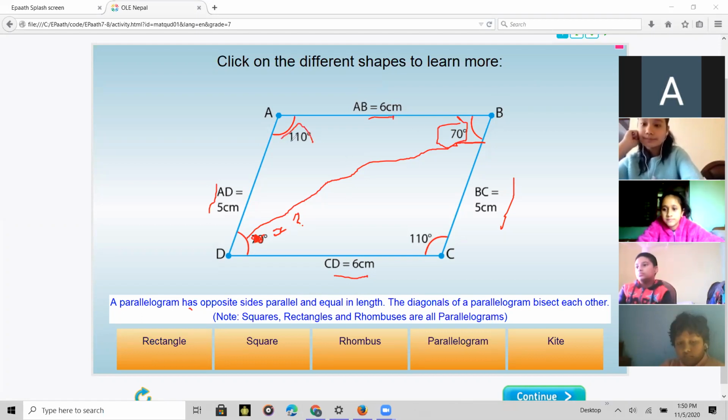Similarly, here and here are also the same value because these are also the opposite angles of the parallelogram and they are equal. If such a property is found in a quadrilateral, that type of quadrilateral is called a parallelogram.